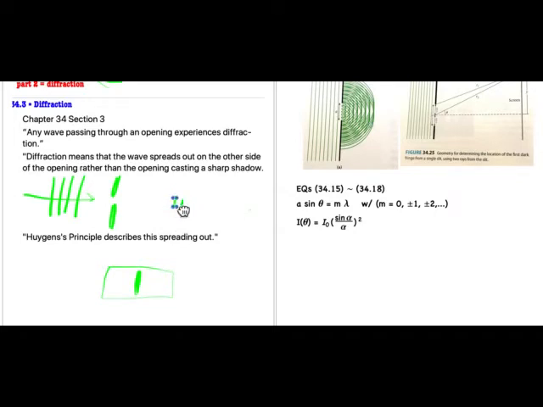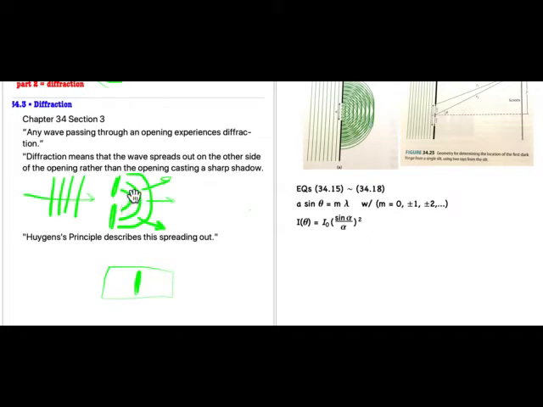What happens is that there will be waves traveling away from the hole in all directions, well, except for backwards. But in these directions, there will be waves spreading out, traveling away from the hole in the screen.